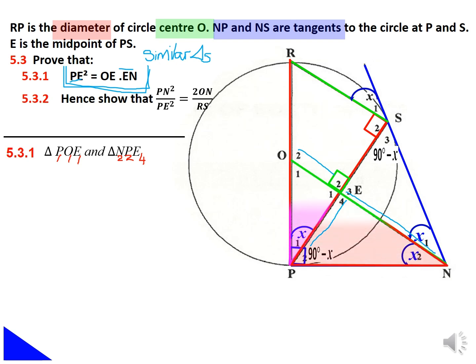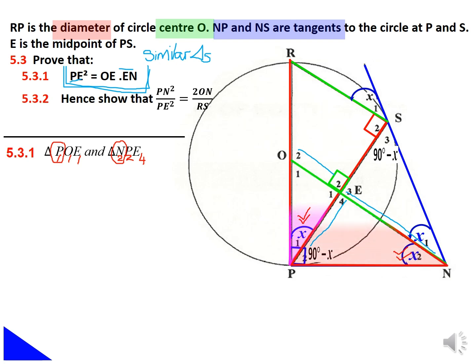Similarity means you prove that the angles in one triangle are equal to the angles in the other triangle. If you look at the first angle, P1, compared to the first angle in the next triangle, N2, in our diagram P1 is equal to x, and N2 is also equal to x.